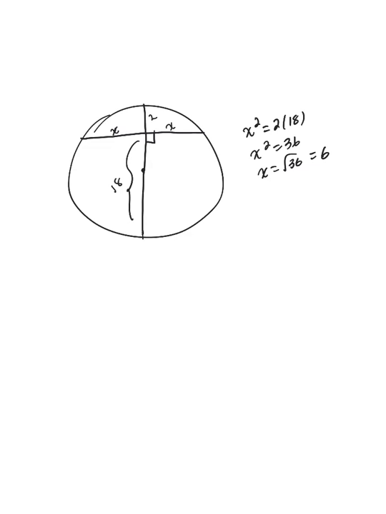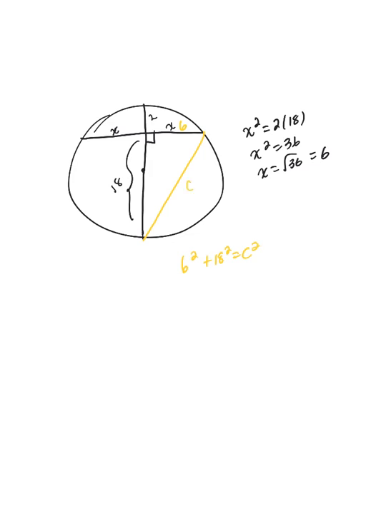That can definitely happen. Remember, geometry comes in layers, so we can add an extra level of difficulty by asking you to find this here. So if this is 6, right, and that's 18, now you could use the Pythagorean theorem. 6 squared plus 18 squared equals c squared. And then I'll work that out.